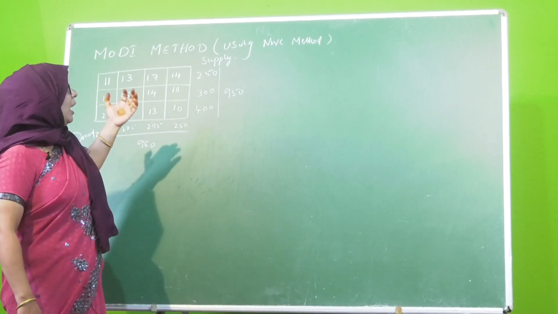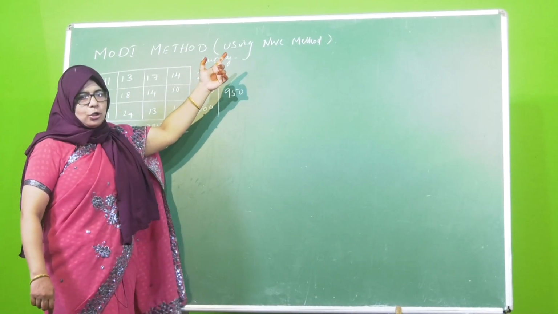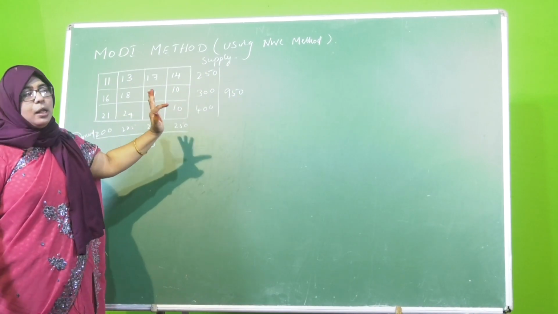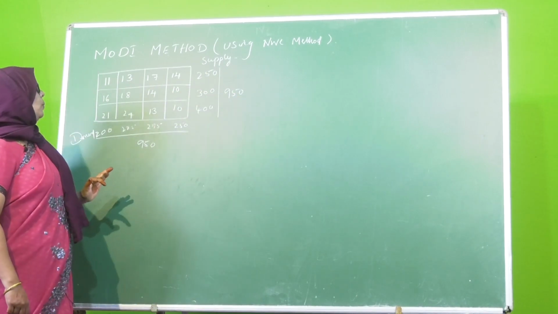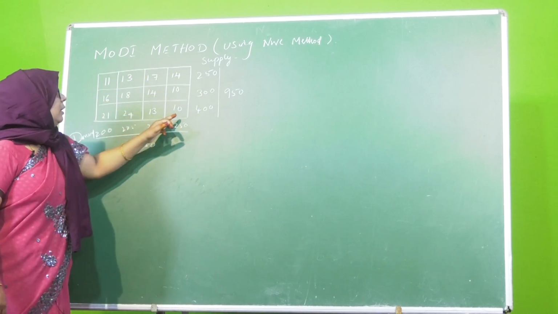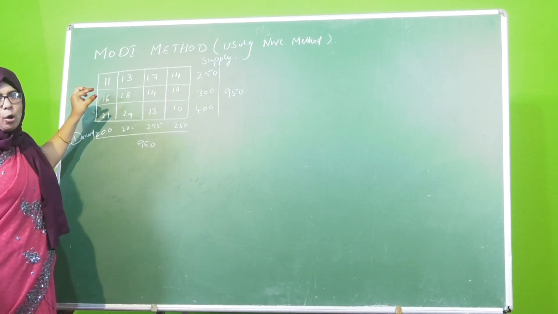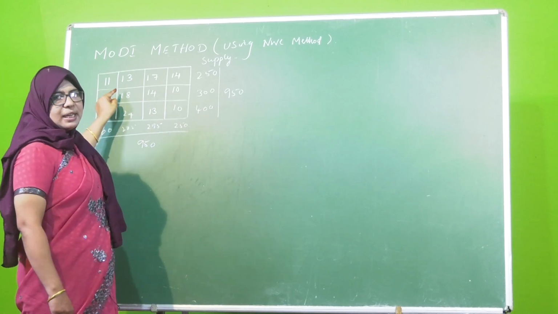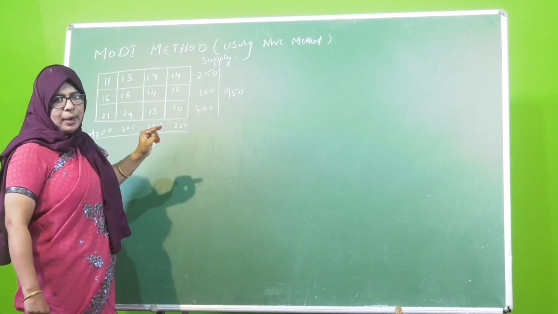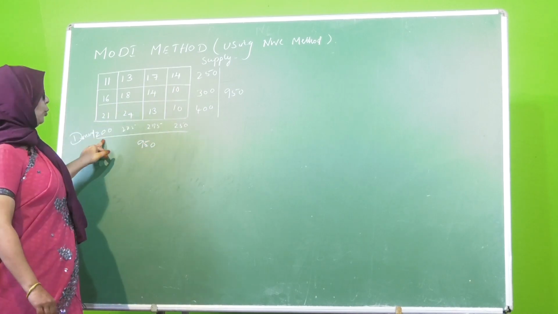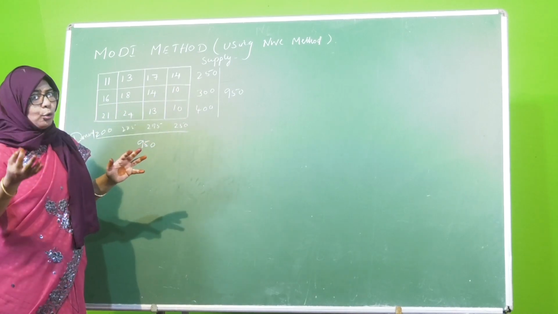So, first of all, we have to use the northwest corner rule to find the initial basic feasible solution. Which one is the northwest corner? 11 is the northwest corner element. So, we have to allocate either 250 or 200. What is the rule?